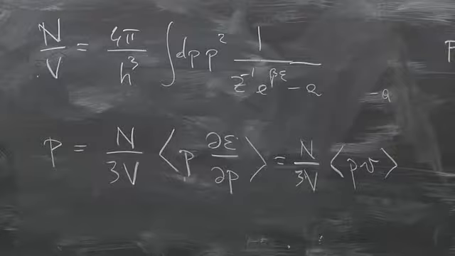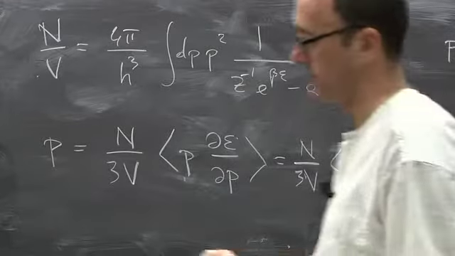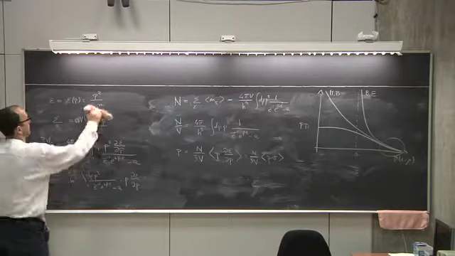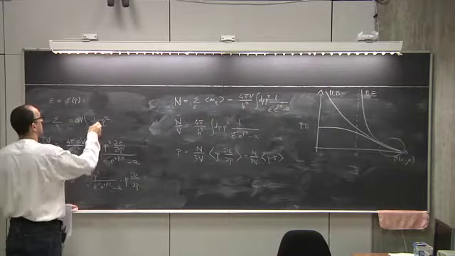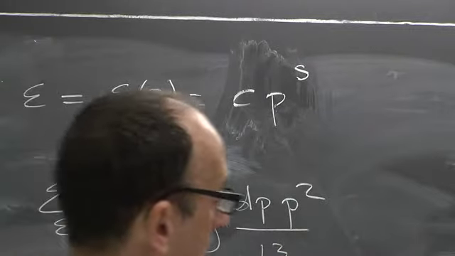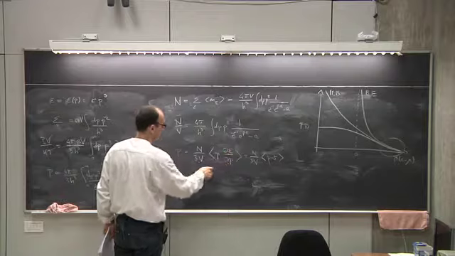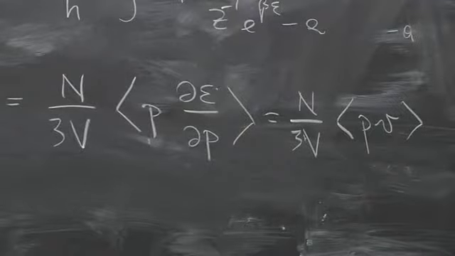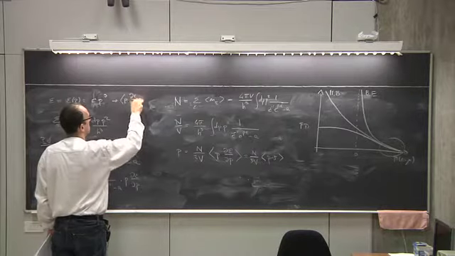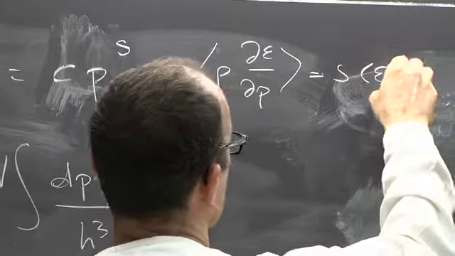In particular, if the energy is proportional to momentum to some power s, then P times d epsilon dp is equal to s times the average energy, right?